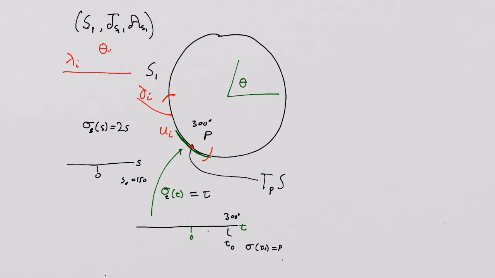And therefore, I would write that theta goes to lambda I through gamma I, and then I specifically say, even more so, theta goes to theta. I guess maybe that's not a good way to put it. I should write ultimately lambda I of theta equals theta.